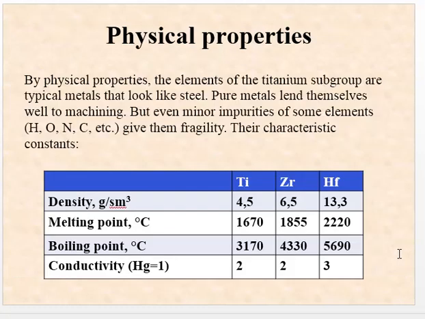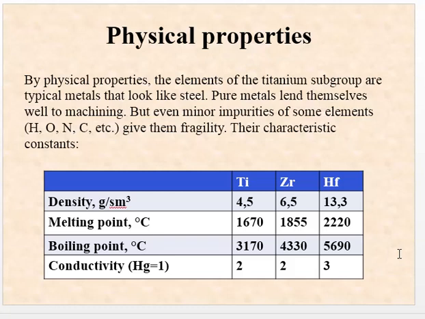About physical properties, the elements of the titanium subgroup are typical metals that look like steel. Pure metals lend themselves well to machining, but even minor impurities of some elements, hydrogen, oxygen, nitrogen, carbon, and others, make them brittle.